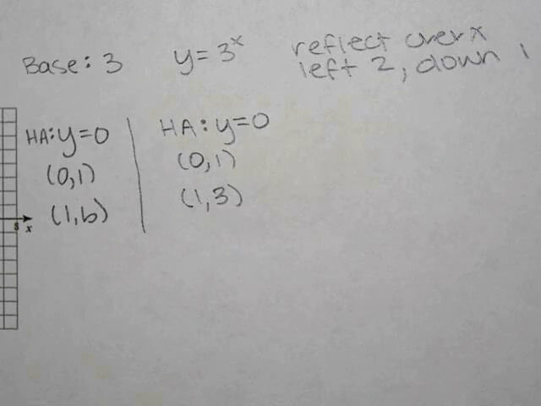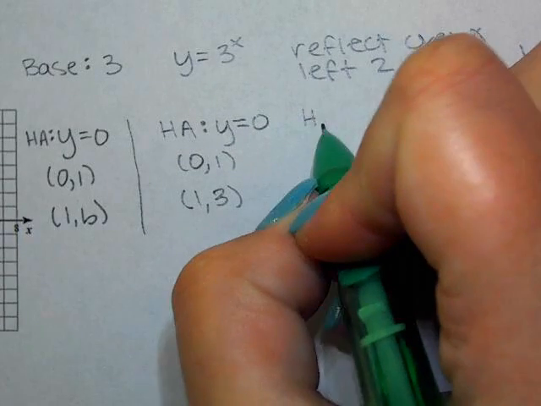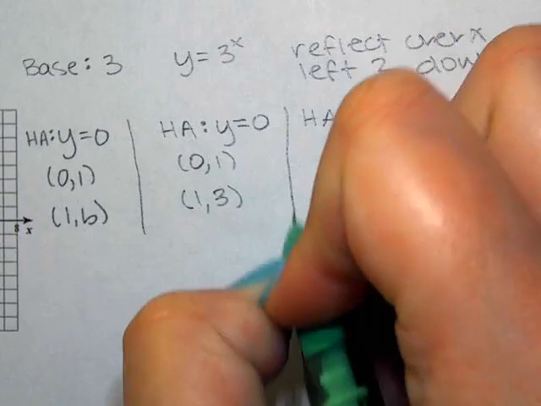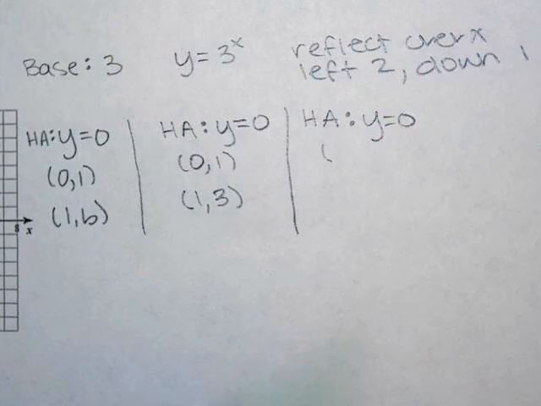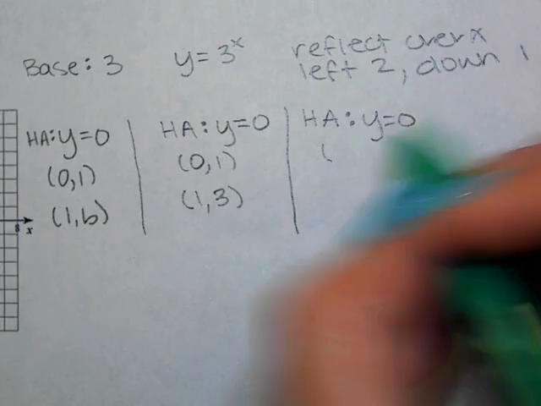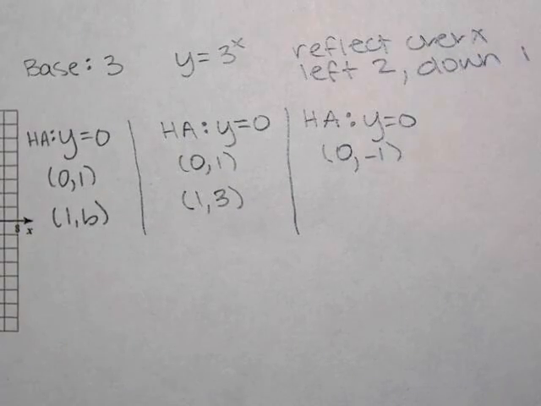So the horizontal asymptote is going to stay 0. Negative times a 0 is still a 0. And then the point 0, 1 is going to become 0, -1. And then the point 1, 3 is going to become 1, -3. Perfect. All right.